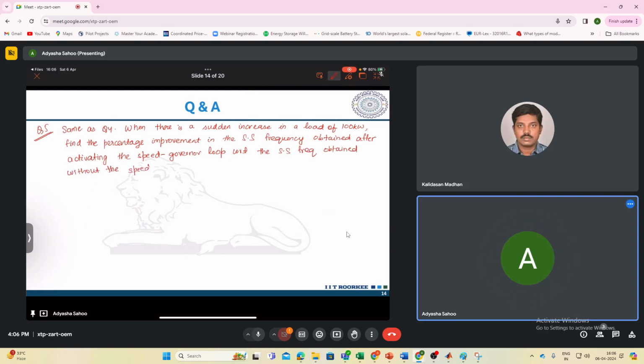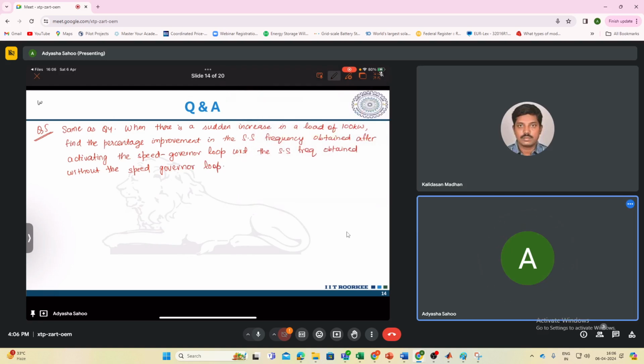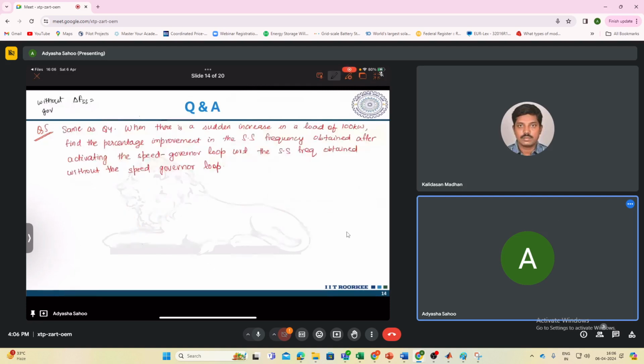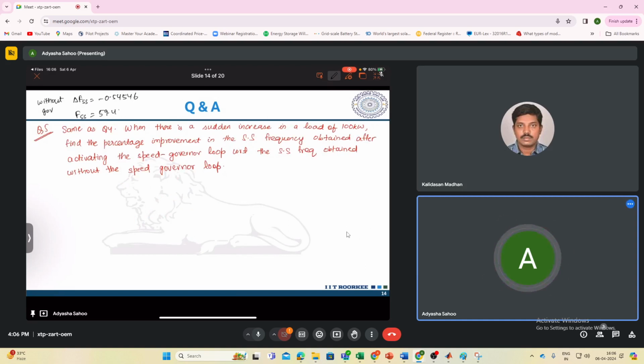Without the speed governor loop. So without governor, we have seen your delta FSS was minus 0.54546 and your finally F steady state was 59.4545 hertz.